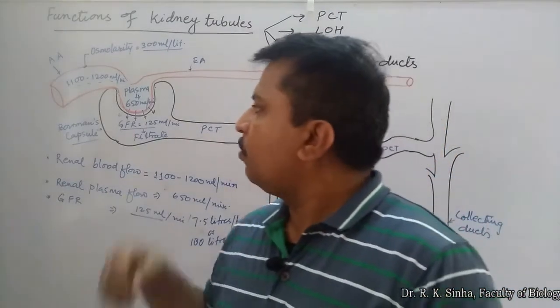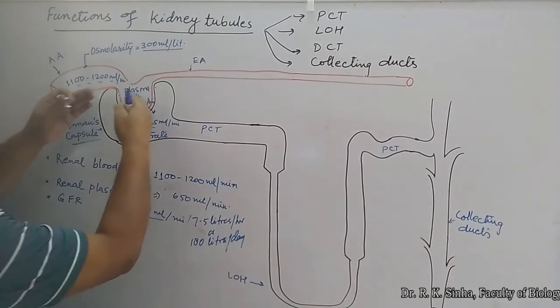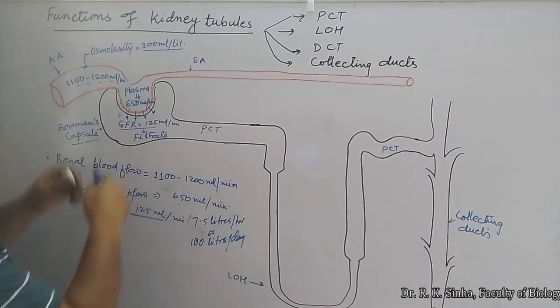Now one more thing we should know: what is filtration fraction? It means what fraction of this renal plasma will be filtered into the Bowman's capsule.